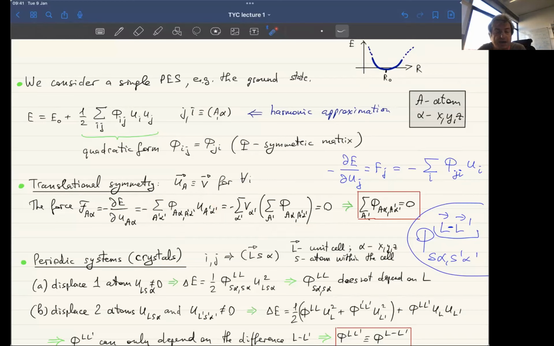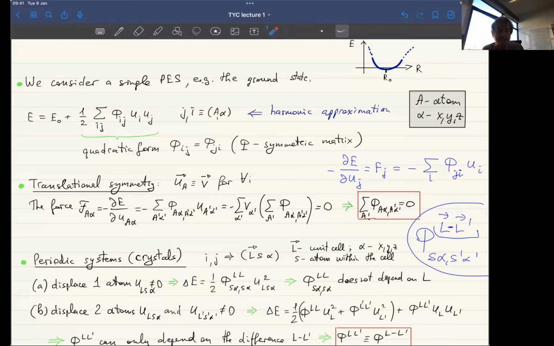If all atoms are at equilibrium, a displacement when all atoms are displaced by the same amount would not change anything. So there will be no force due to this translation of the whole system, and therefore that expression in the sum must be equal to 0. This is a general form of a constraint for the force constant matrix.